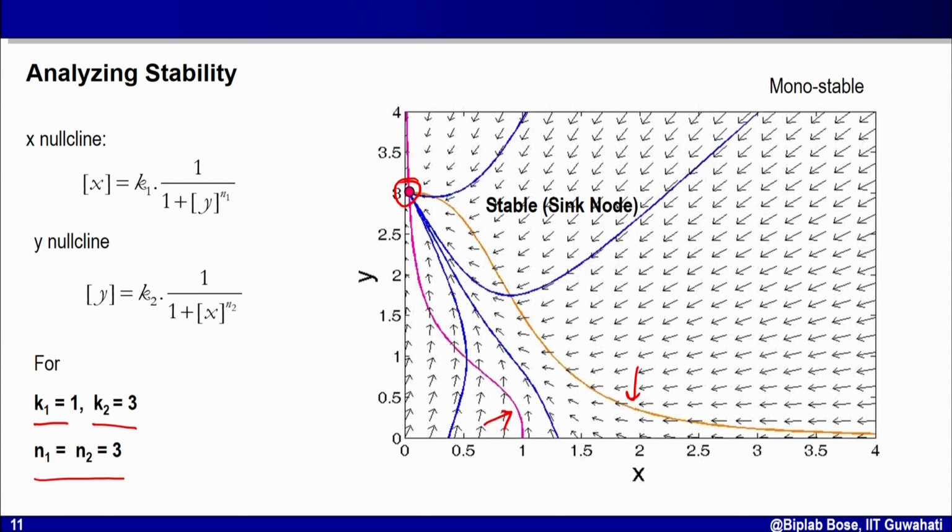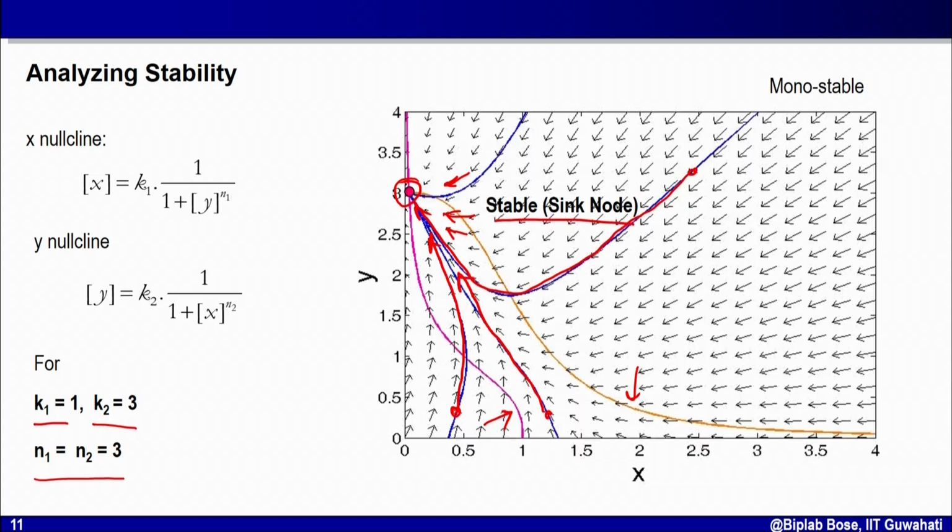Now this is the only steady state, and if you follow the arrows in this phase plane plot, you can easily see that wherever you start at t equal to 0, you will end up at this steady state. So that means it is a stable sink node.